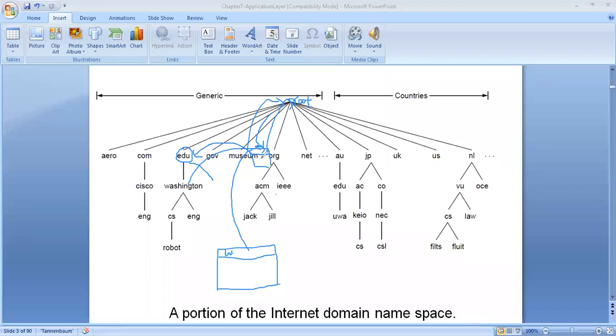Once it gets the information that it is Washington, it will ask whether it belongs to the CS department or the English department. Once it gets the information, whatever the user has requested, like www.washington.cs.com or cs.edu here, that information will be available for the user.